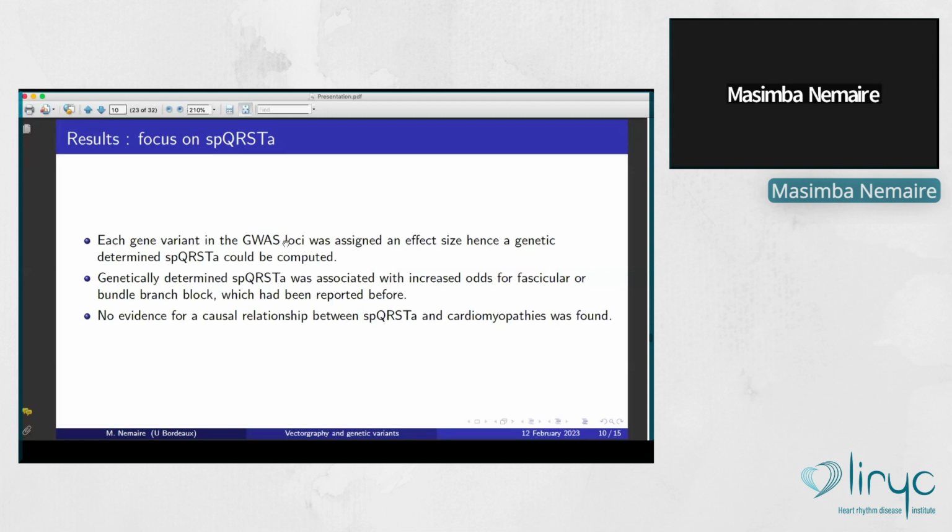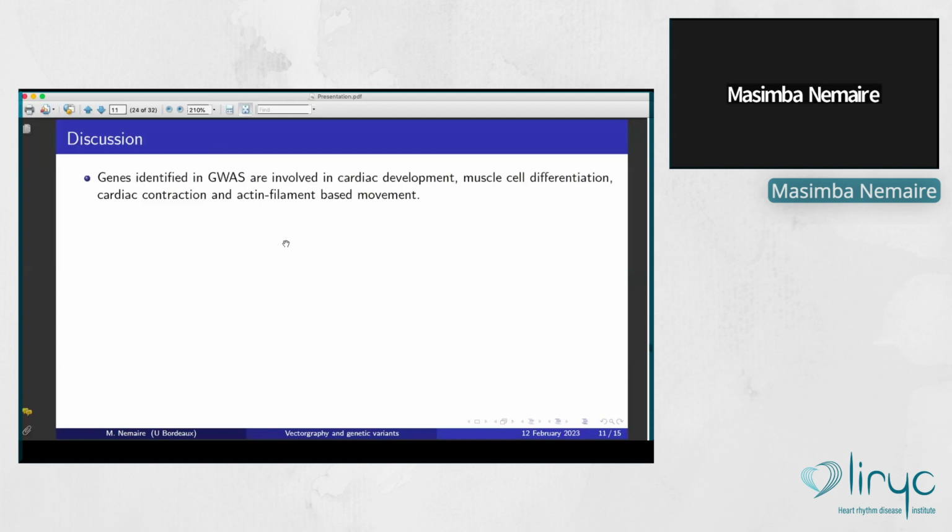But unfortunately, they could not make this correlation. So they then really looked into the function of the genes. They identified that a lot of them were involved in cardiac development, muscle cell differentiation, cardiac contraction, and actin filament-based movement. I don't know what this last one is.